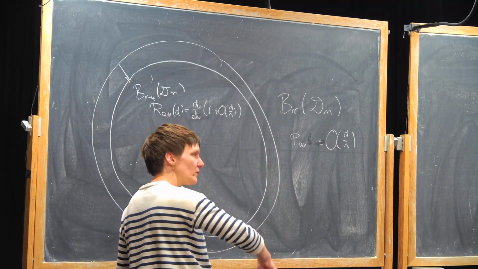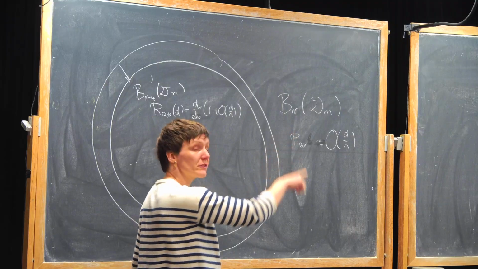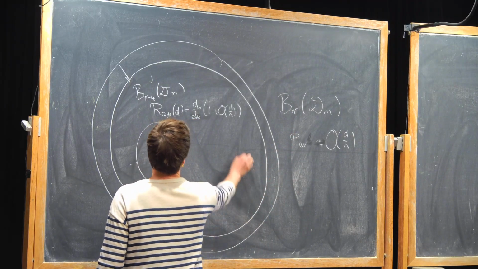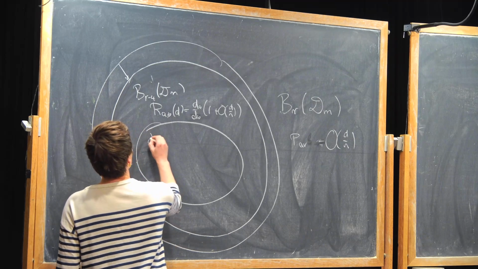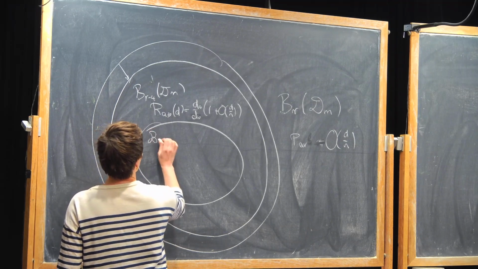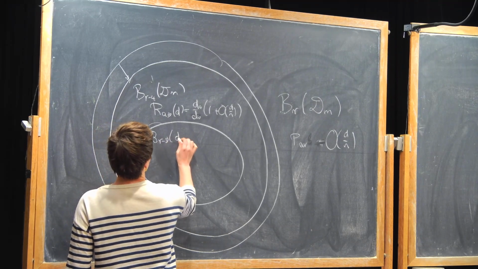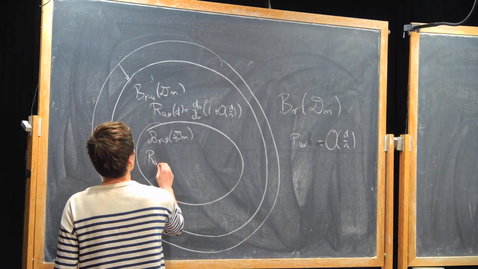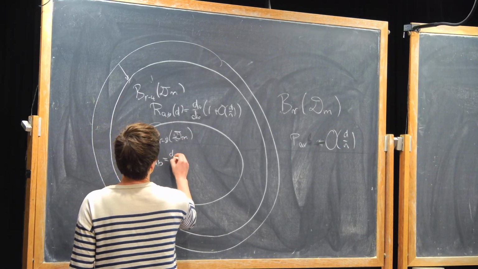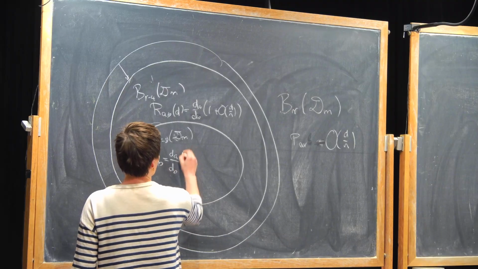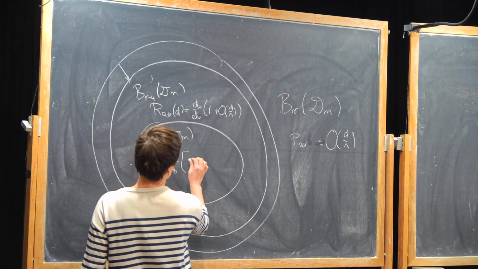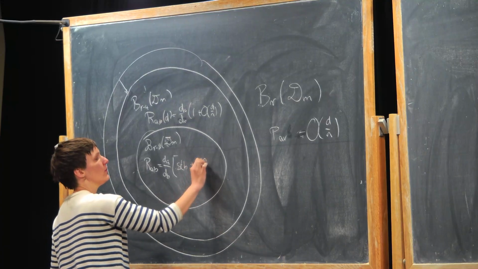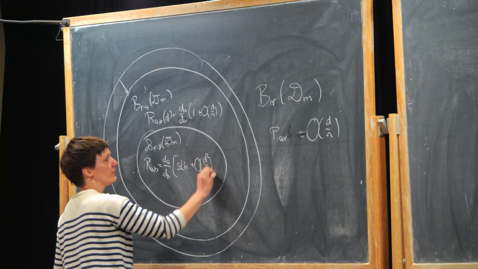We applied the whole set of recursive relations once more. So we went down to some smaller subset, which was B_{R-8} of dm. And we got R_AB to be equal to dA over dB times something more precise, plus big O of D squared over N squared.